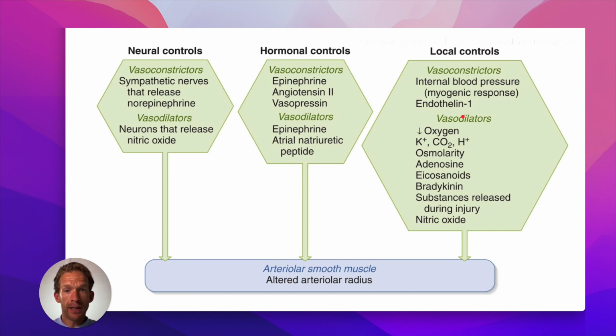And that is regulated by a lot of different factors. So you have local control factors, chemicals that are released, for example, inside the cells or close to the cells that would trigger either vasodilation or vasoconstriction. But there could also be hormonal factors, especially epinephrine that is circulating in the bloodstream, or there could be neural input that will also trigger vasodilation in certain areas and vasoconstriction in other areas.